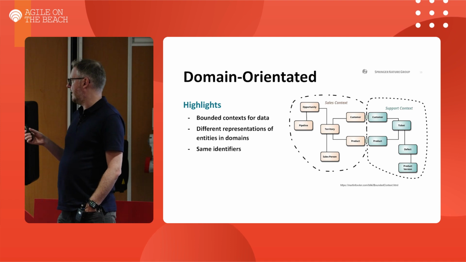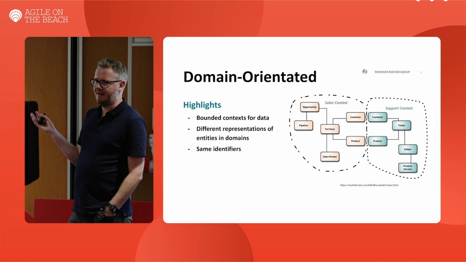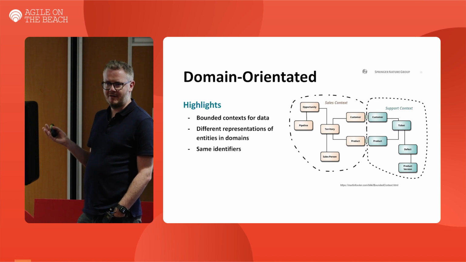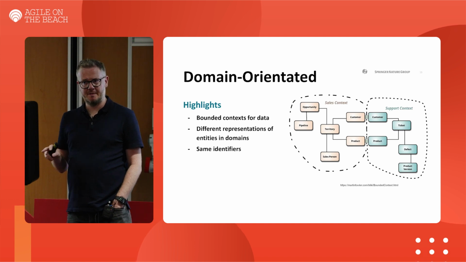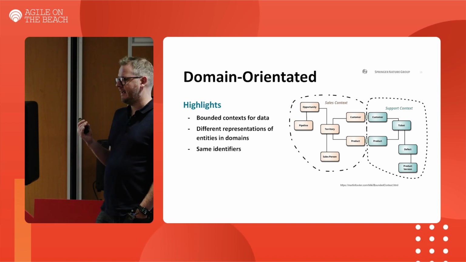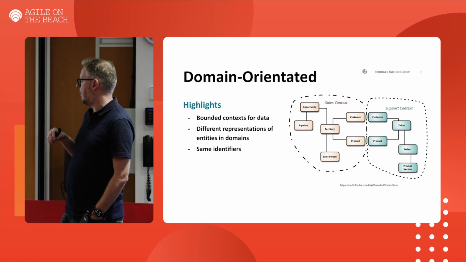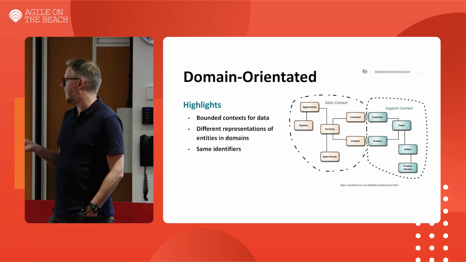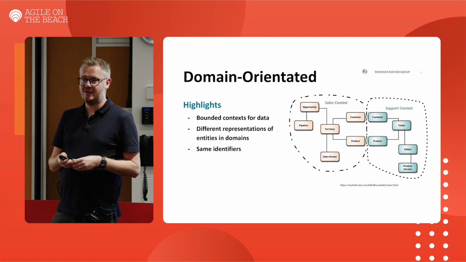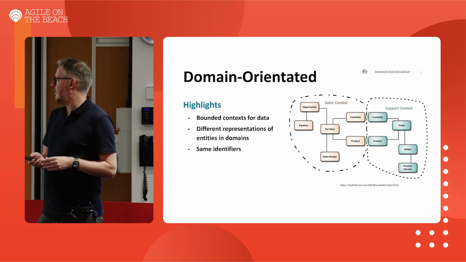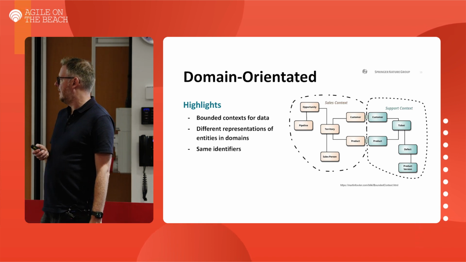So in this diagram that I stole, it shows how customer entities exist in different bounded contexts, but they actually serve different purposes. So it's the same customers. You would use the same identifier, so you could link these entities across the bounded context. But within something like support or sales, there's actually quite different entities and different bits of information linked to a customer. Even down to an address may actually appear different in terms of support or sales.